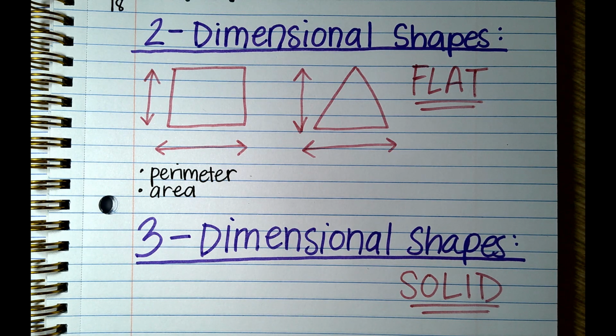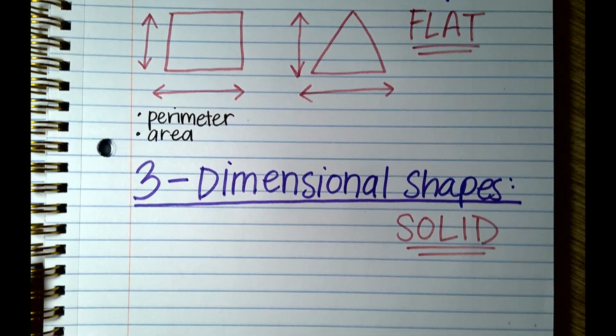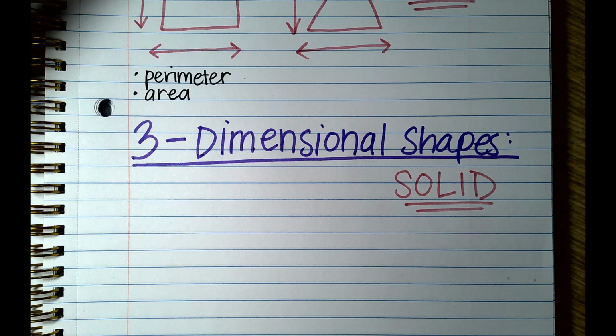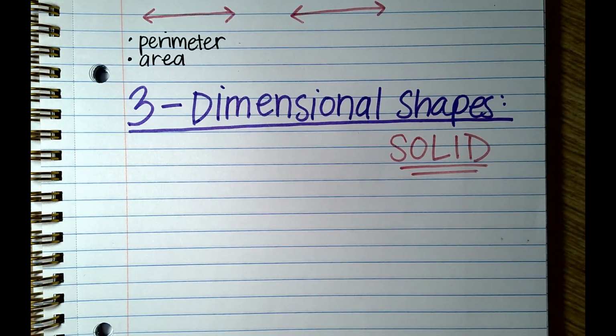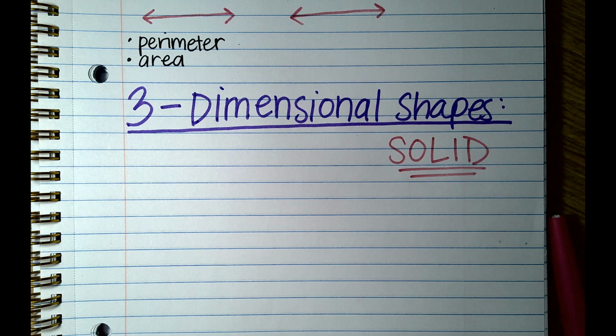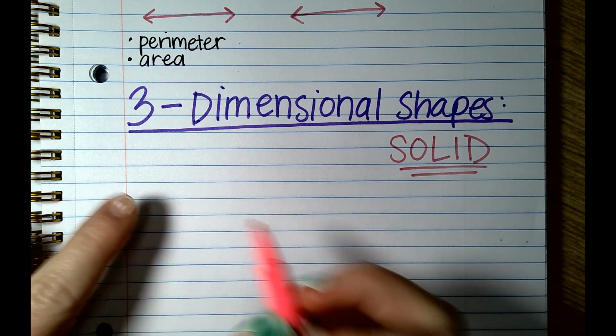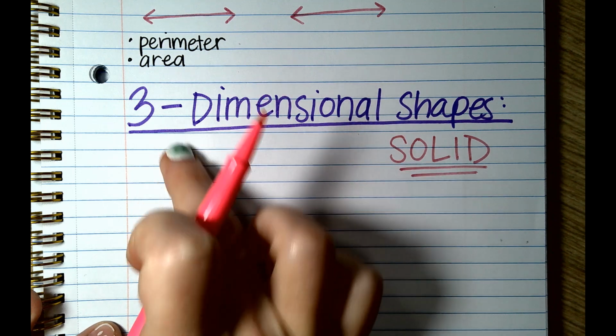I'm going to show you how to do a quick sketch of a 3-dimensional shape. It's not too difficult, and it's kind of satisfying to do. So, if I wanted to draw a three-dimensional shape, the easiest way to start is by starting with a little bit of space above.